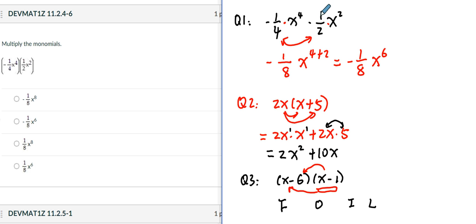1 times 1 is 1. 2 times 4 is 8. And when you use x to the 4th times x squared, you want to do addition.